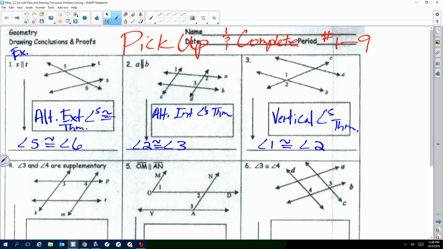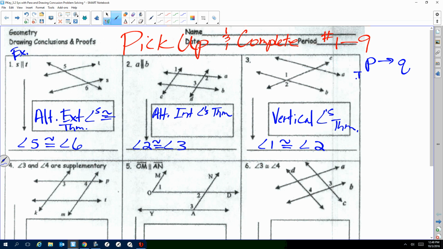You might want to write this down at the bottom or on the side, but when we prove lines are parallel, we have a statement, a conditional, that says if P then Q, meaning if is what's given.